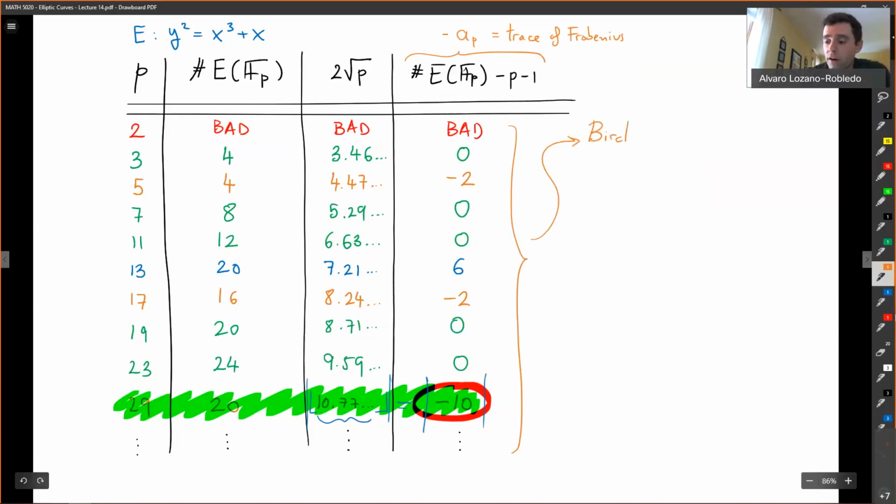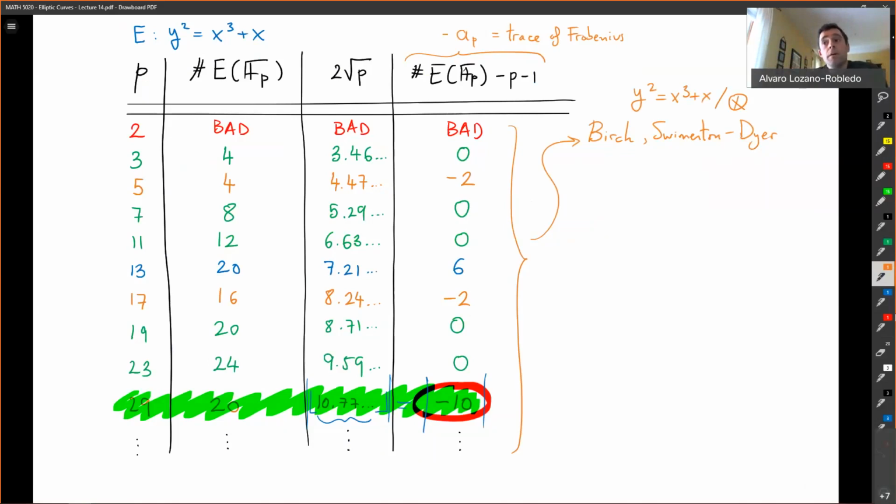So in the 60s, Birch and Swinnerton-Dyer had this in principle simple idea, which is suppose that I'm considering my elliptic curve over Q, and then I'm going to do all my reductions modulo P for every prime, like I did in this table, and see what happens.